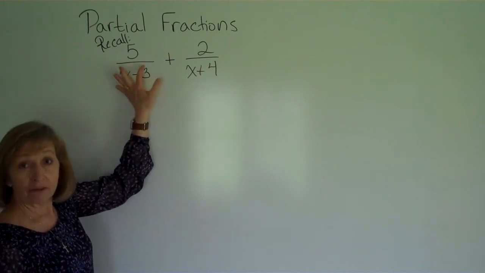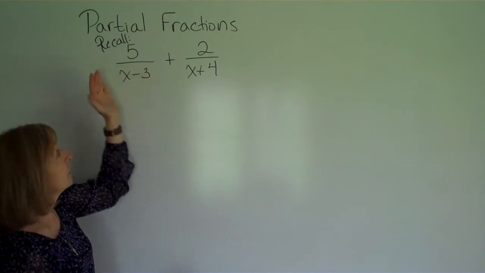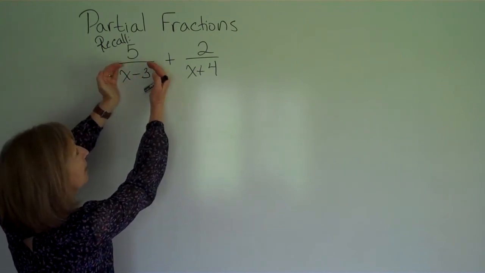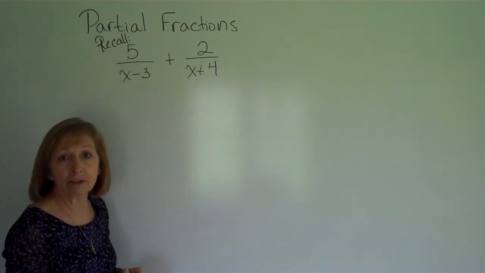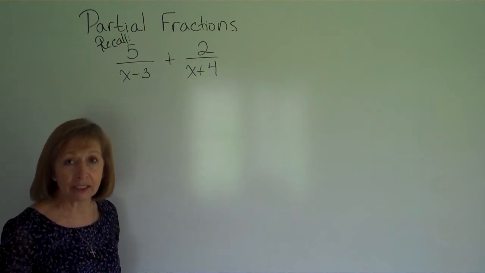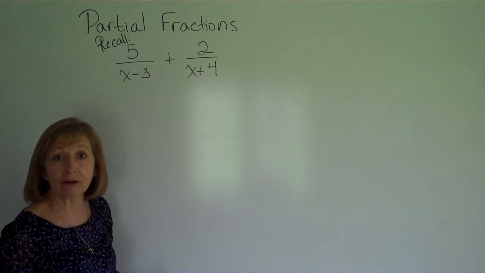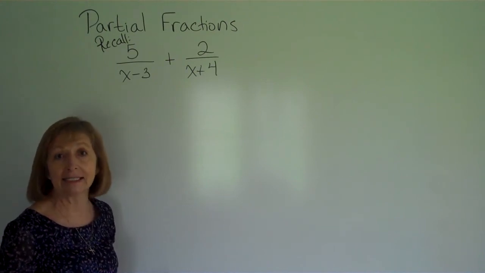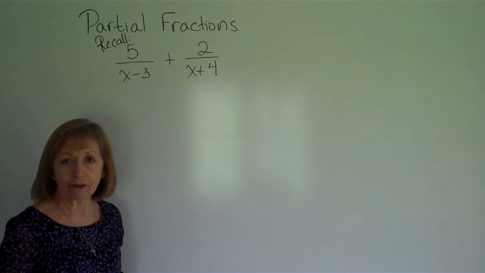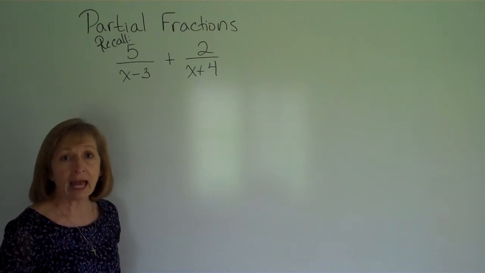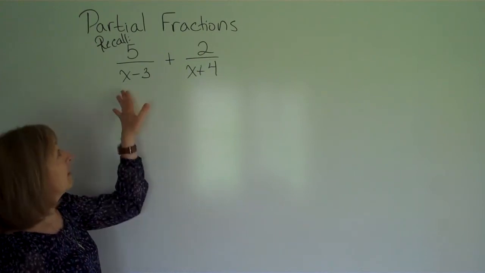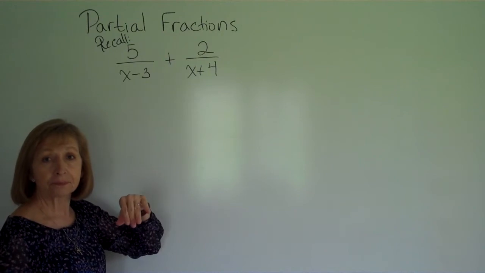Remember the length of a fraction bar is a grouping symbol, so I have a quantity x minus 3 in the first denominator, and it doesn't factor any further. And I have a quantity x plus 4 in the denominator of the second fraction, and it doesn't simplify any further. So my lowest common denominator is x minus 3 times x plus 4.